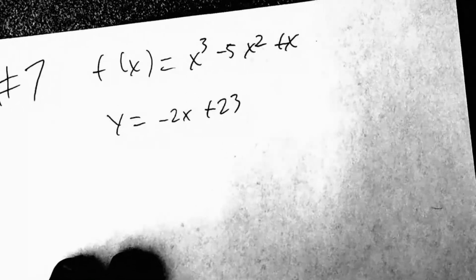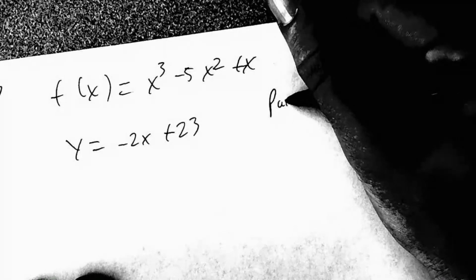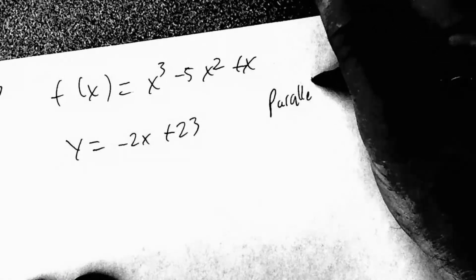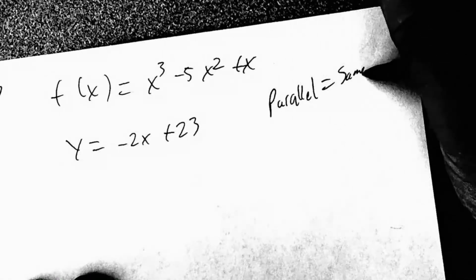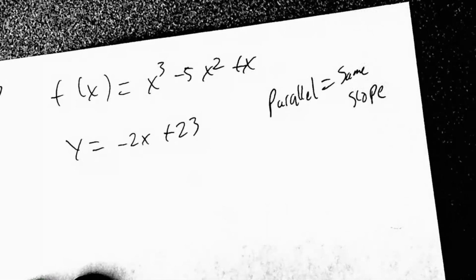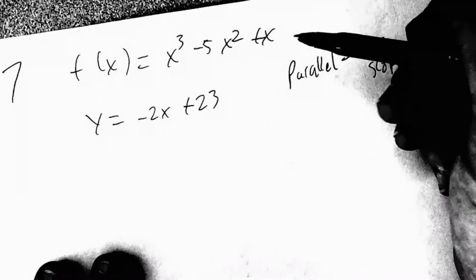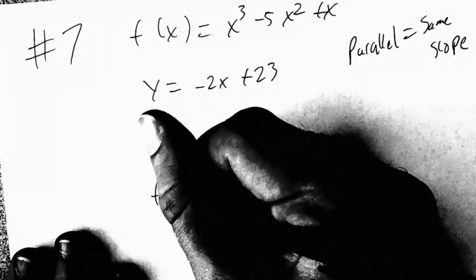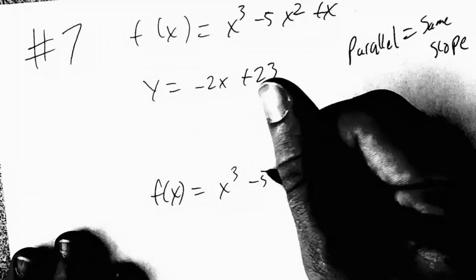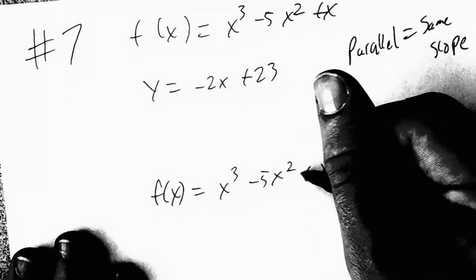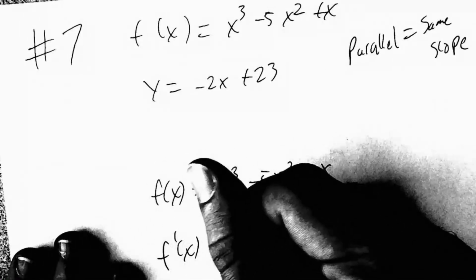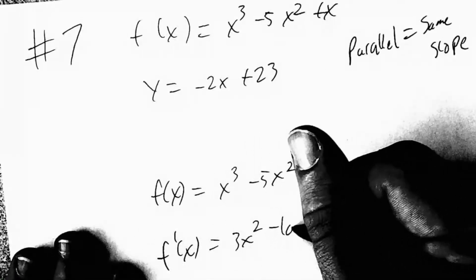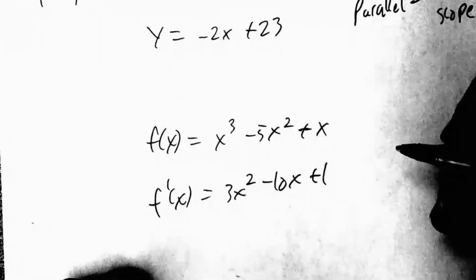Well, parallel means same slope. So let's find the slope of f of x. To find the slope, we're going to take the derivative. The derivative is 3x squared minus 10x plus 1.